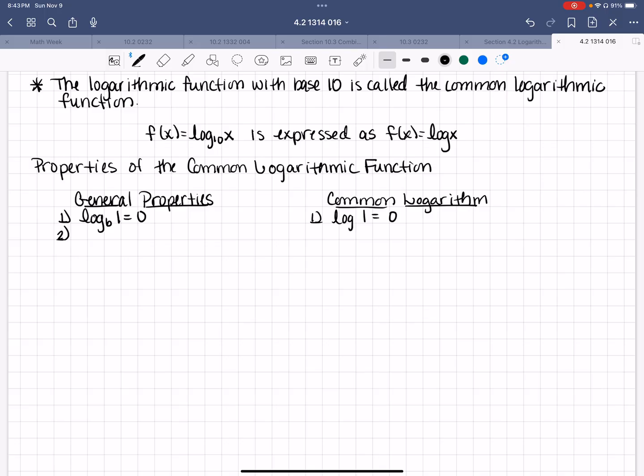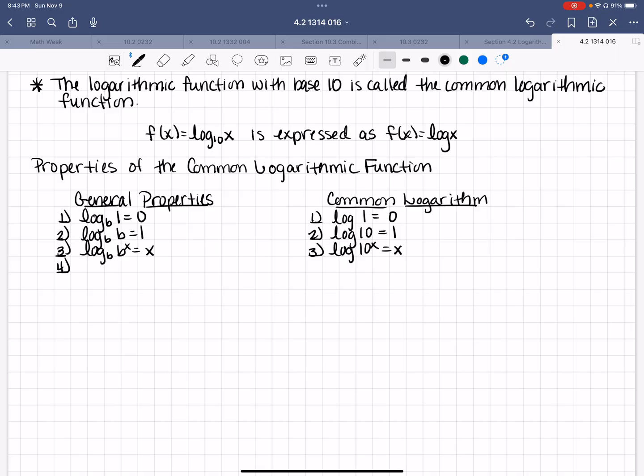Our general property of log base b of b equals 1 looks like log of 10 equals 1 as the common log. 3, log base b of b to the x, well, we know that equals x, so that means over here that log of 10 to the x is going to equal x.